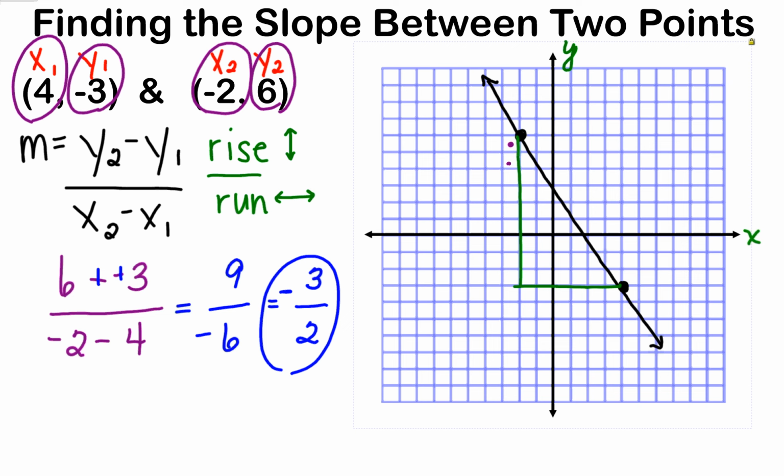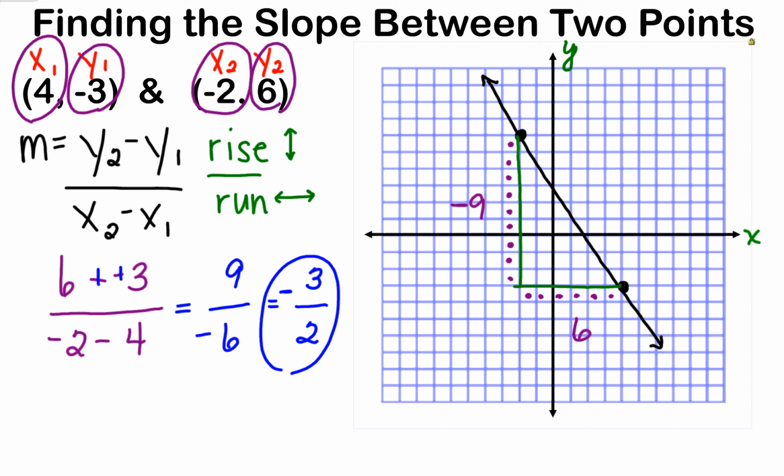So I count 1, 2, 3, 4, 5, 6, 7, 8, 9. And then I count 1, 2, 3, 4, 5, 6. I know that my rise is going down, so that would be negative, and that my run is going to the right, so that stays positive.